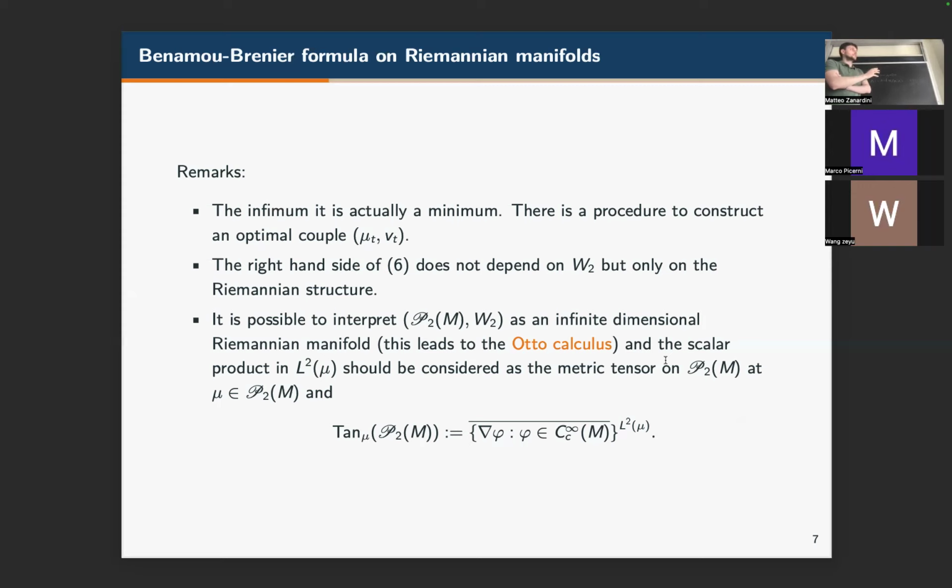Out of this metric tensor, you can define what the tangent space at a given measure mu should be: the closure of the gradients of infinitely differentiable compactly supported functions. Questions? Maybe. This is the interpretation out of the formula.